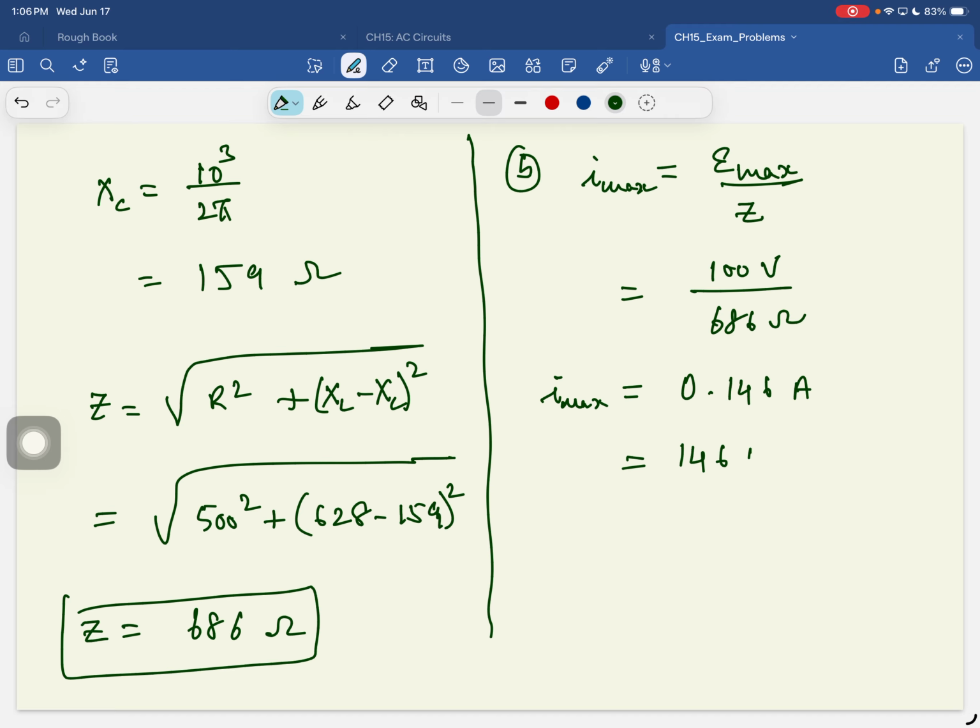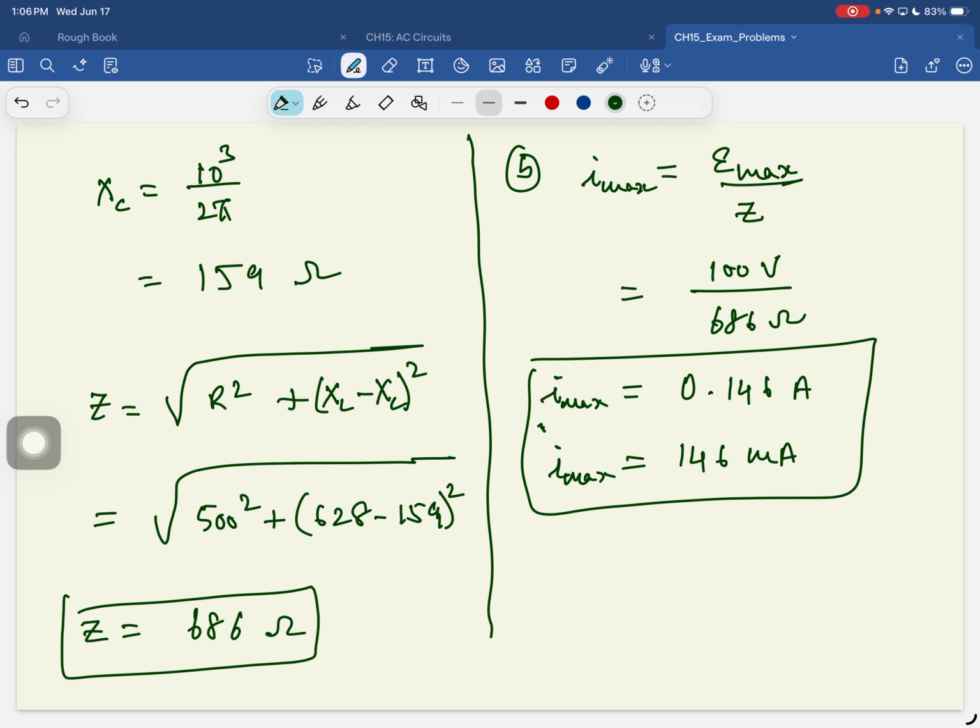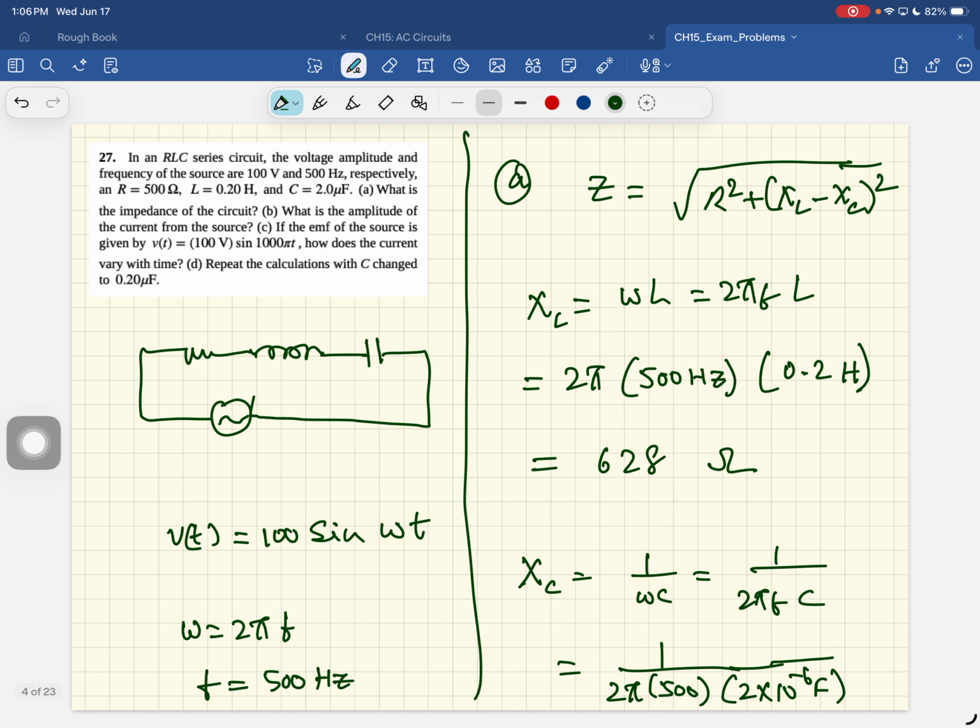And you can see that omega is 120 pi, equal to 2 pi F. So F is 60 hertz.